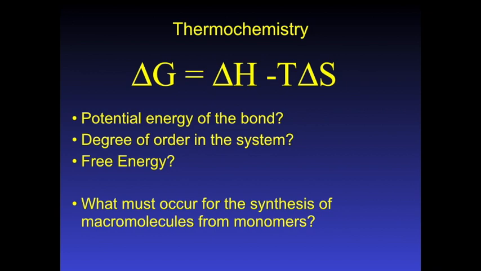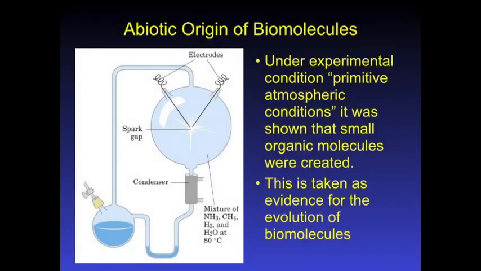All of these are important when we think of biochemistry and what must happen. So in the synthesis of a macromolecule from monomers, we are going to mess with entropy, because there's order when we make the macromolecule where there is disorder with the individuals. So we have to overcome that: when we break the bonds, we have to give up enough energy so that this becomes an overall negative process.